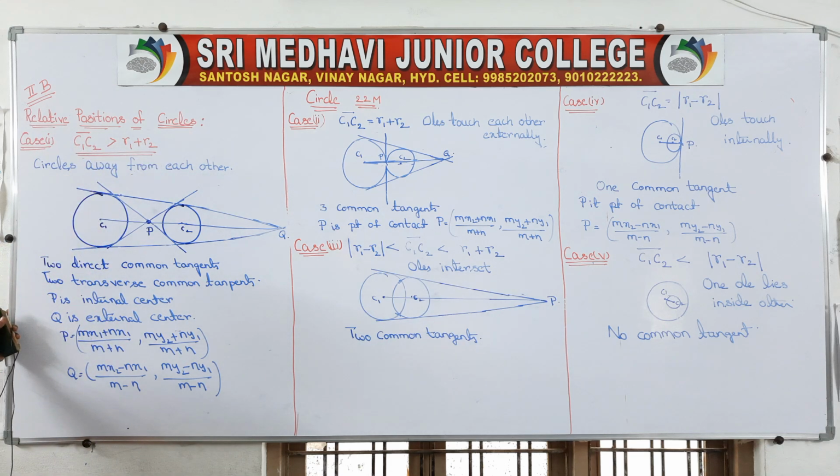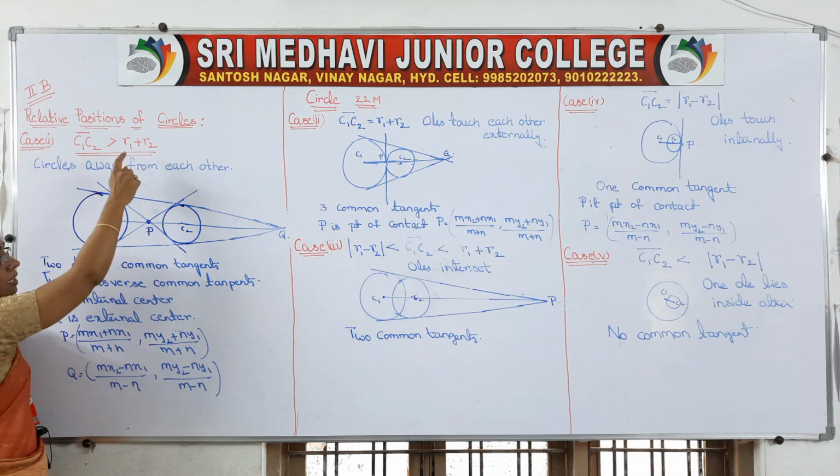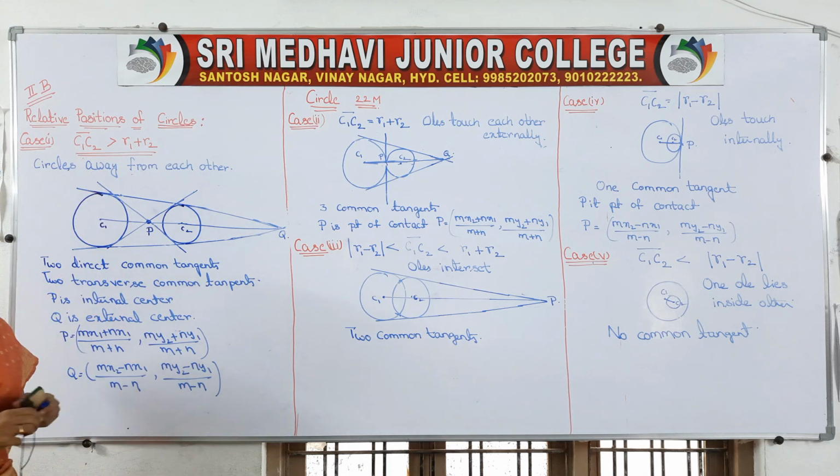So come to this topic, relative positions of the circles. If any two circle equations are given to you, first find out the center and radius of the first circle, similarly the center and radius of the second circle. Then find the distance between the centers C1C2 and add R1 and R2.